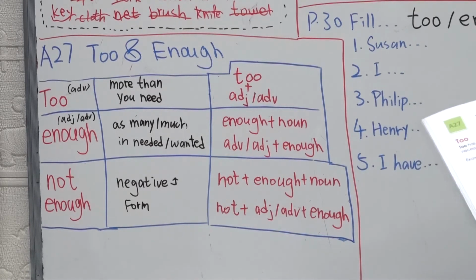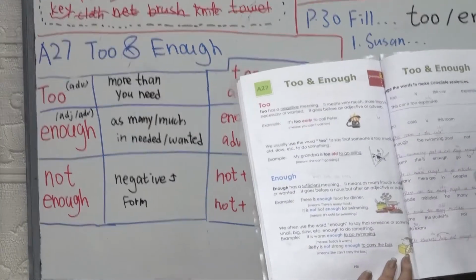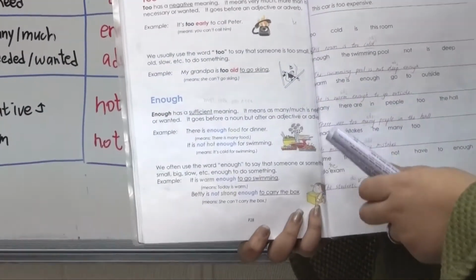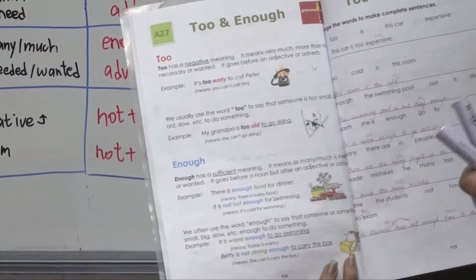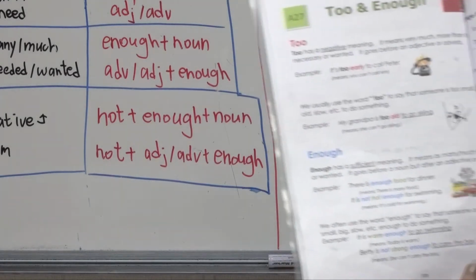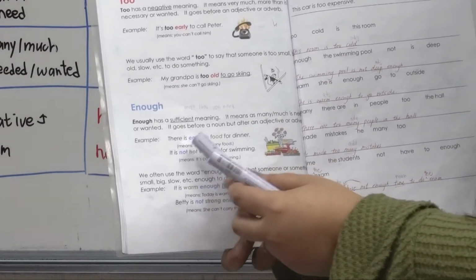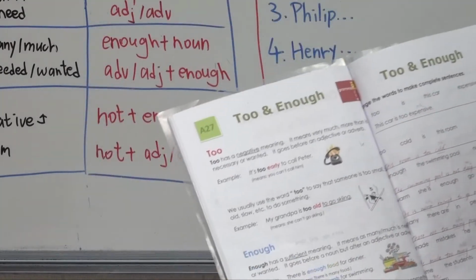Let's have a look at example 1. There is enough food for dinner. As you can see here, enough is used as an adjective, okay? Enough and noun. This one is used as an adjective.